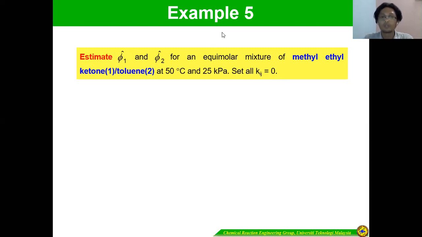First you have to construct a table. This is species 1 and this one is species 2, and T is equal to 50 degrees C, pressure equal to 25 kilopascal.